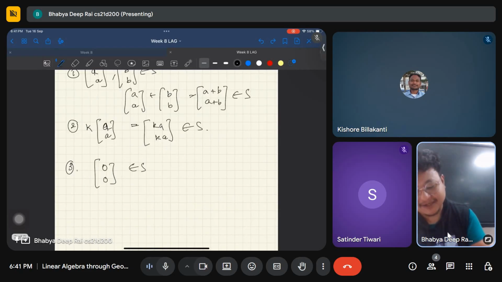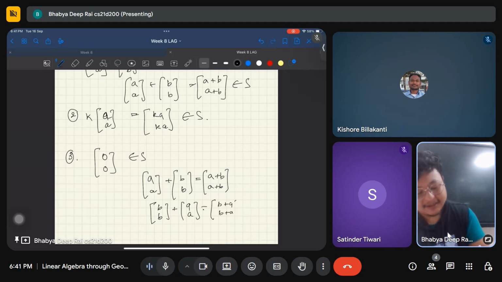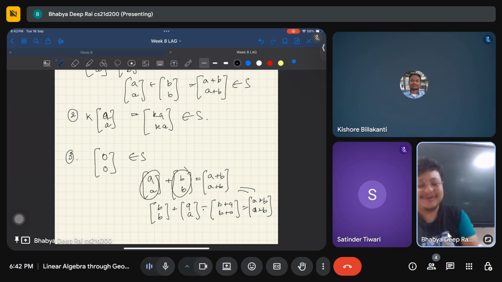If you want to check commutativity, you'll do a plus b and check b plus a, which is equal to a plus b, and these two are equal, and then you'll say that yes, commutativity is also expected. But you see that this does not tell us anything new, right? Because they are already in vector form, and you know that vector addition is already commutative.